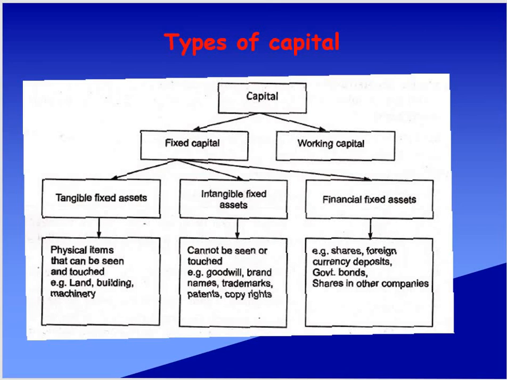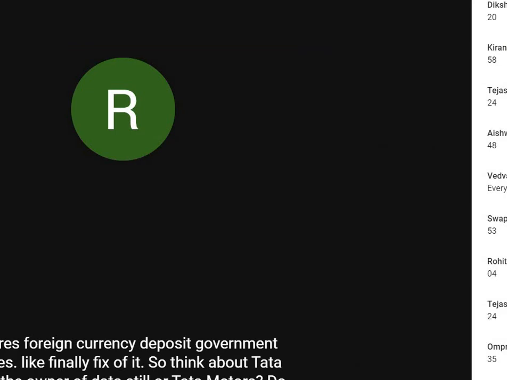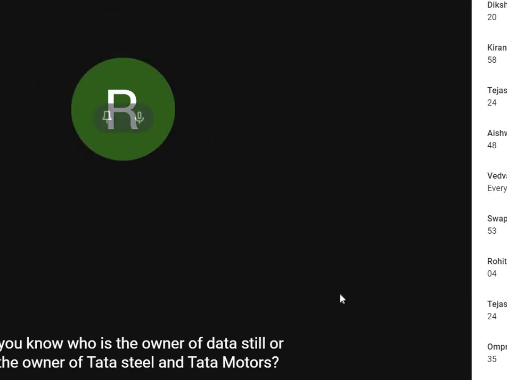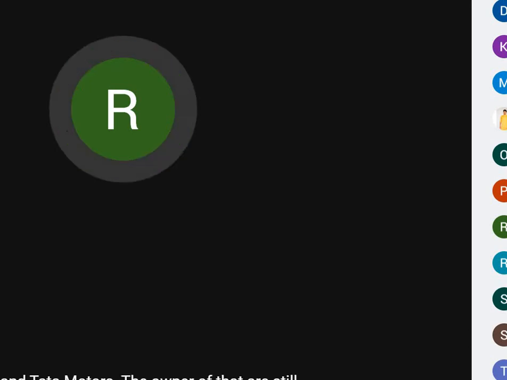Okay, so do you know who is the owner of Tata Steel and Tata Motors? No, he is not the owner of Tata Steel and Tata Motors. The owner of Tata Steel and Tata Motors is Tata Trust.